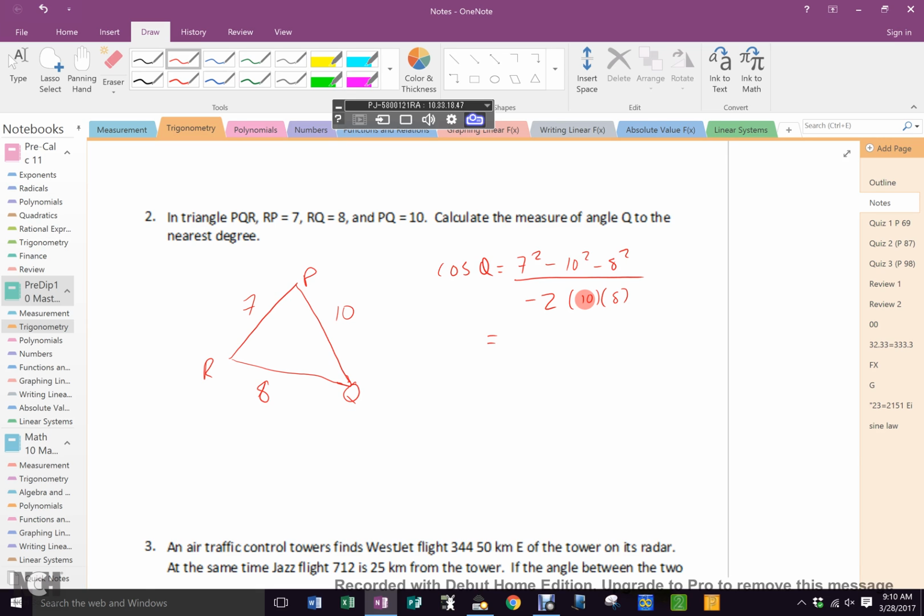You're going to find that the answer is 0.7 blah, blah, blah. Is that the answer? No, of course not. Why? You have to shift cos. So Q equals 44 degrees. Priyanka.